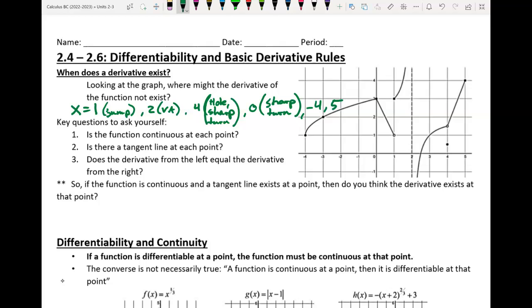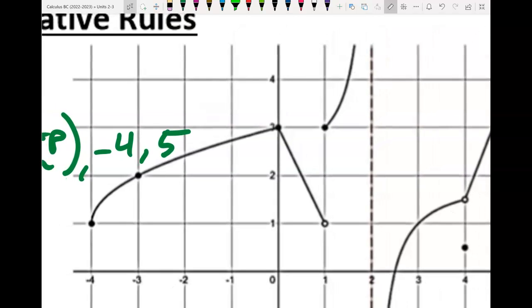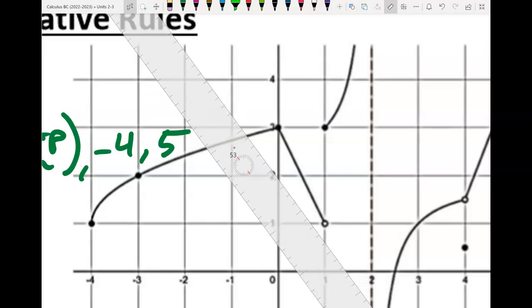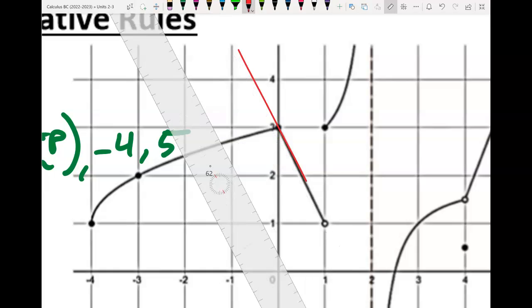So the derivative from the left and the derivative from the right really come into play at something like the sharp turns. If I was to zoom in on this one, if I was to do the derivative from the right, well, that'd be equal to the slope of that line, right? I could say, hey, there's a tangent line there. That's tangent.